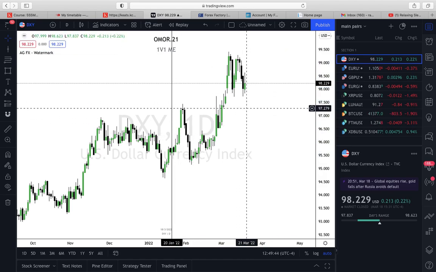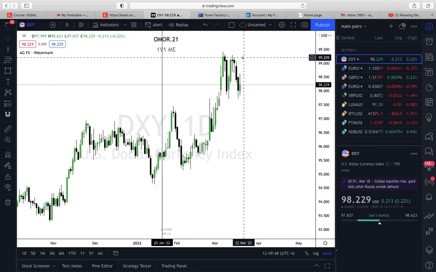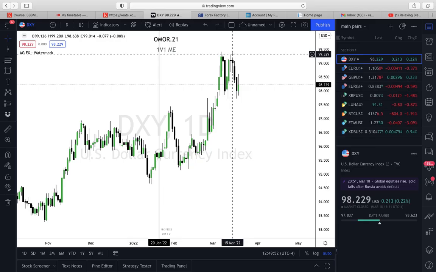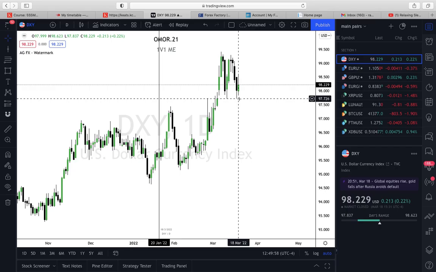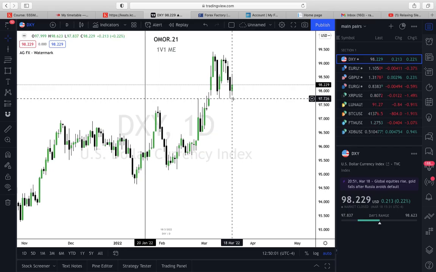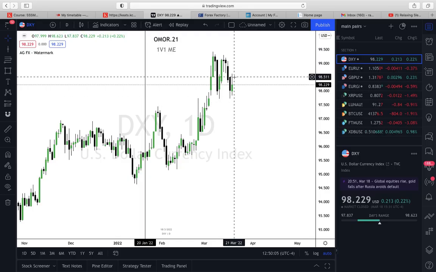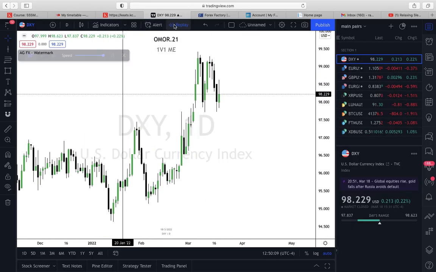Now, with the DXY, what do we see? It trades lower. Remember, we didn't take out this high. On this retracement coming up, what happened? We didn't take out this high and we came down. We came down and we're finding a level of support within this volume imbalance. We move up again higher. However, before this candle happened, let's do a little replay.